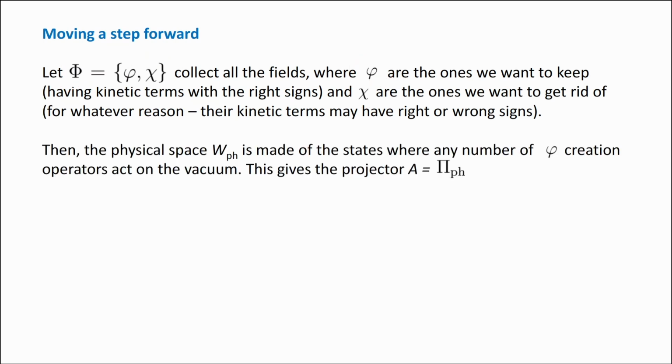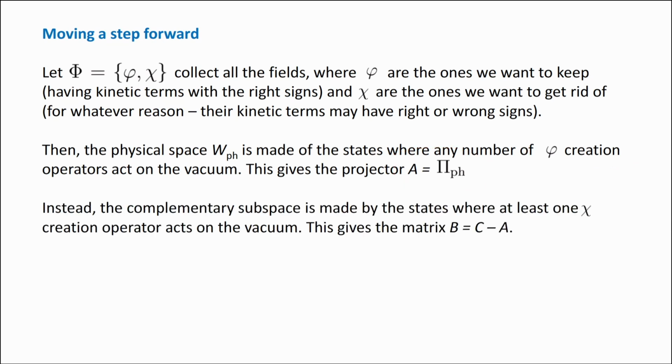Now, the physical space is then obtained by acting on the vacuum with the creation operators of phi, any number you want. This defines also the projector A onto the physical subspace. The complementary subspace is made of the states where at least one creation operator of chi acts on the vacuum. And this gives the matrix B, which is C minus A. So you have two subspaces.